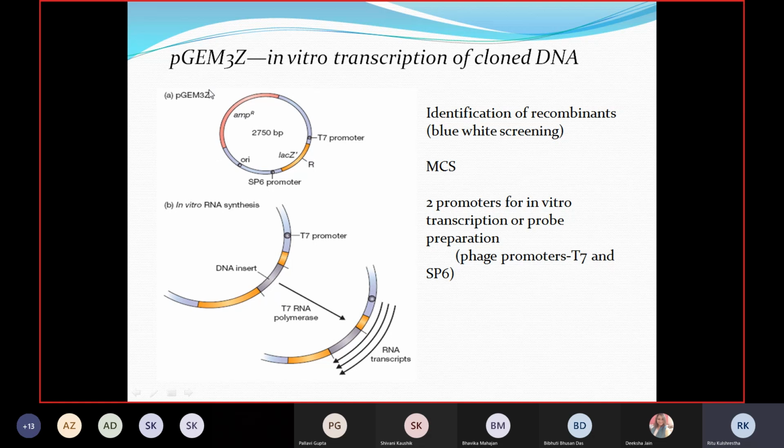So I can then regulate that in the presence of IPTG, only my T7 RNA polymerase will get activated. It will come and bind to the T7 promoter and generate the transcript in this direction. However, if I want my antisense transcript, I will not give IPTG treatment. I will give the other treatment to ensure that only SP6 RNA polymerase is generated, and it goes and binds here and generates the RNA in the opposite direction.